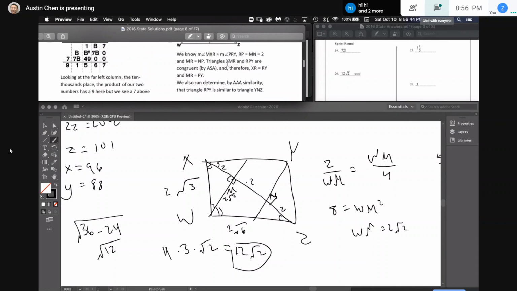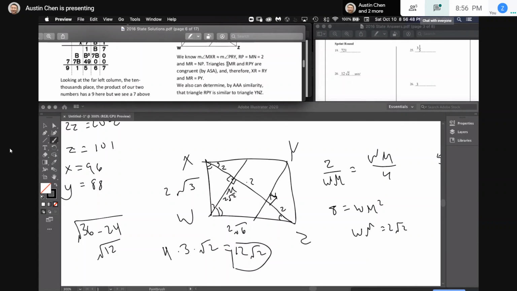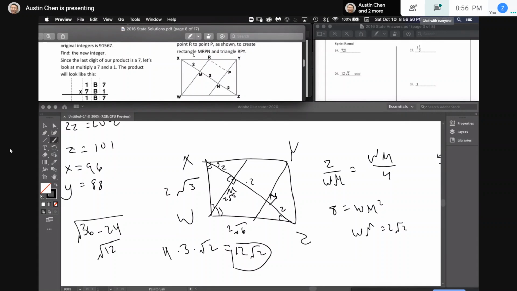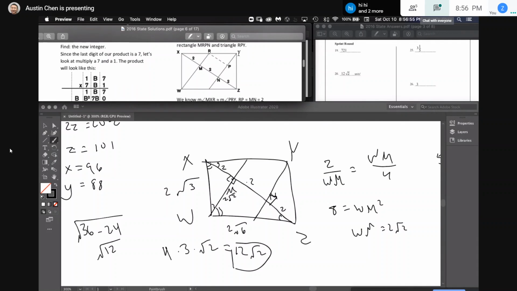We can also determine by similarity that RPY is similar to triangle NYZ. They both have a right angle.